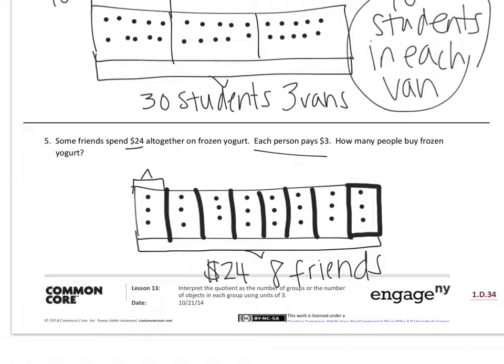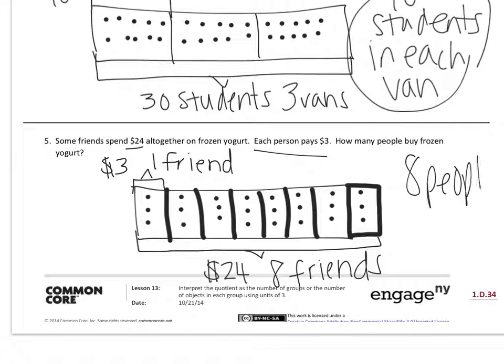My section at the top is $3, 1 friend. 8 people buy yogurt.